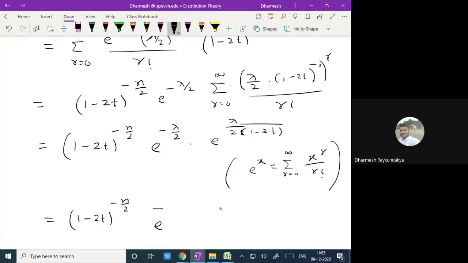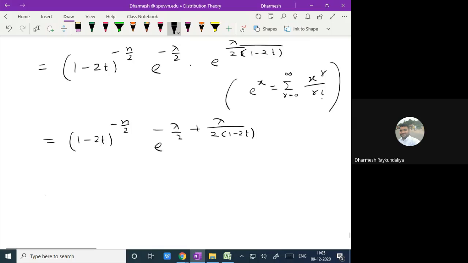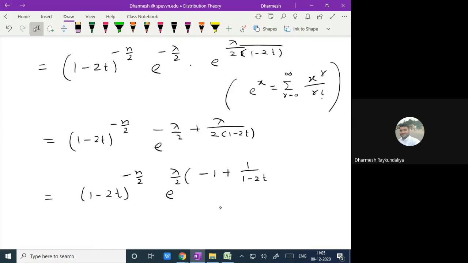The base is constant, so it is a sum of lambda by 2 plus lambda upon 2 into (1 - 2t). So we just take lambda by 2 common, e raised to, let us say lambda by 2 is common. What happened? It is minus 1 plus 1 upon (1 - 2t).